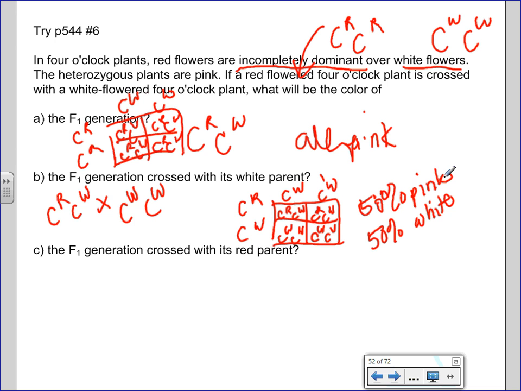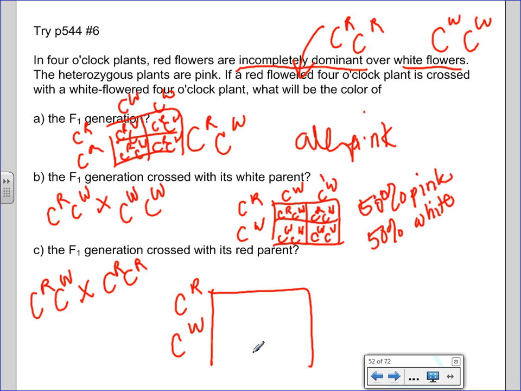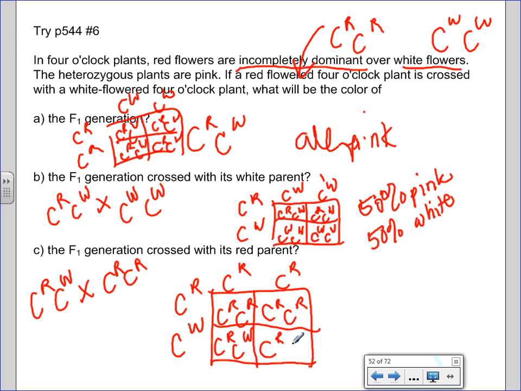The F1 generation is crossed with its red parent. So that would be CR CW by CR CR. This time, if you were guessing, it should be 50-50 pink and red. But let's see. CR CR. So we get CR CR, CR CR, CR CW, CR CW.